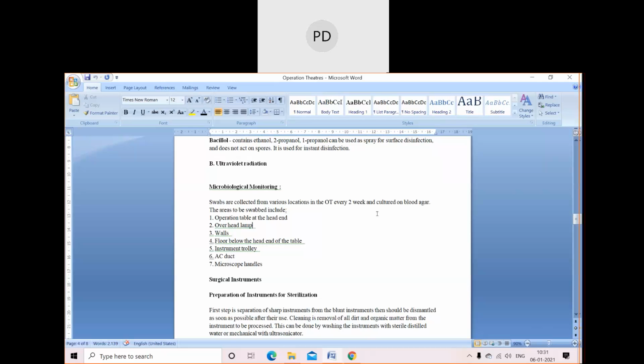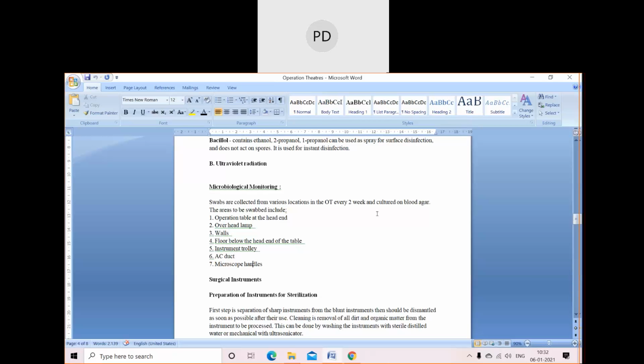The areas from where we have to collect the swabs are the operation table head end, over the headlamp, walls of the OT, and the floor below the head end side of the OT table. The instrument trolley is the most dirty and infectious area, so that swab also we have to take.